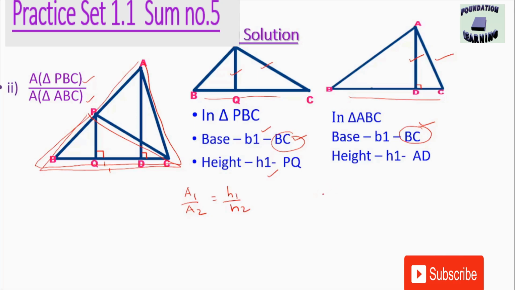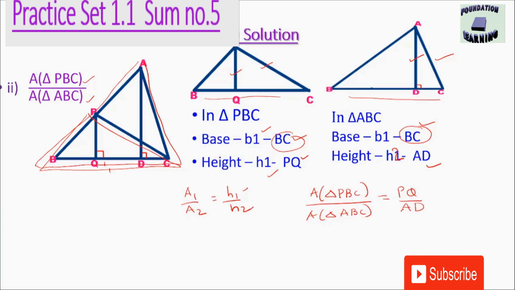What is A1? A1 is area of triangle PBC. And what is A2? A2 is area of triangle ABC, which is equal to what? H1 upon H2. What is H1? H1 is PQ and H2 is AD.